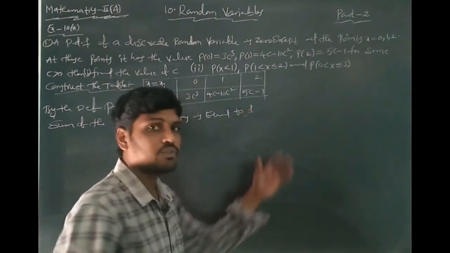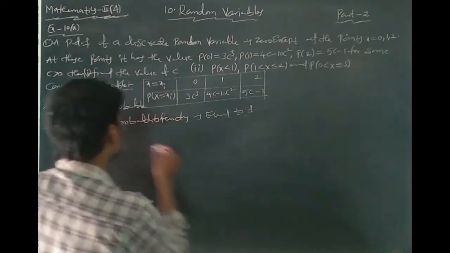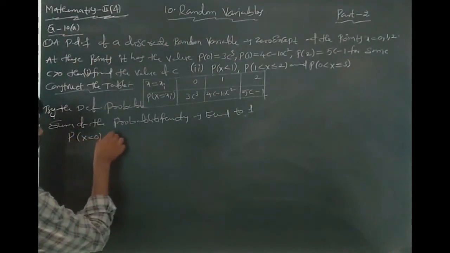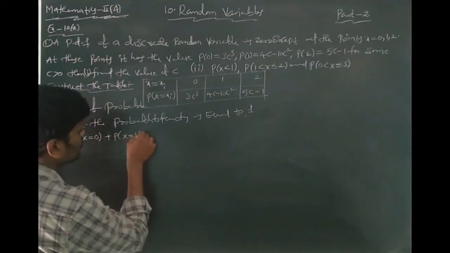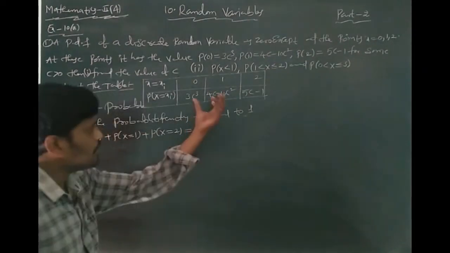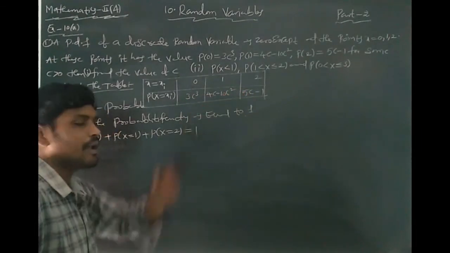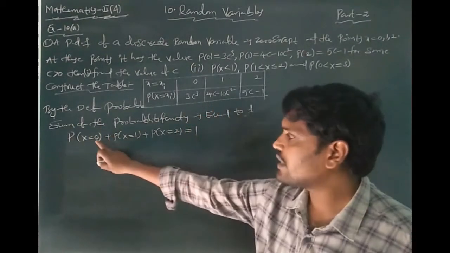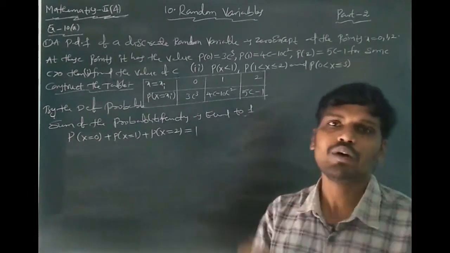Already explained: the sum of all probabilities is equal to 1. That's why you can write p of x equal to 0 plus p of x equal to 1 plus p of x equal to 2. Total, here 3 probabilities there. These 3 probabilities sum to 1. Total sum of the probability equals 1. This can be written as p of 0 plus p of 1 plus p of 2 as well.